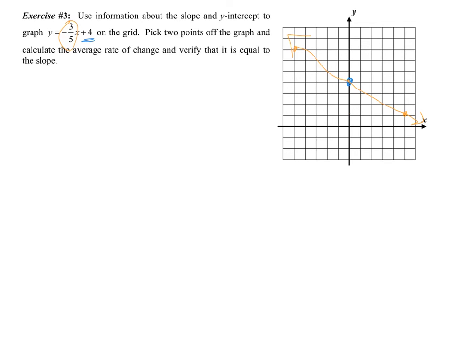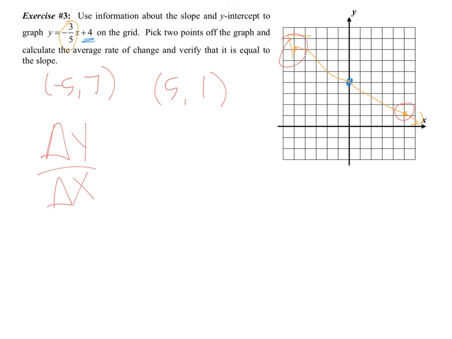So pick 2 points off the grid. I have 1 point here, 1 point here. The first point is (negative 5, 7), and the other point is (5, 1). So, change in y over change in x.